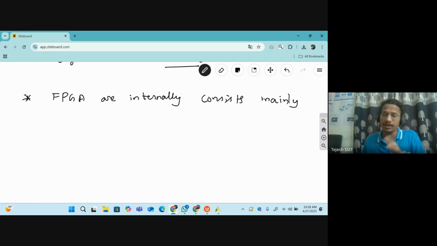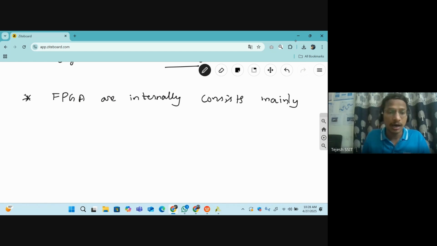Like in our human body there are many organs, but the main ones are the heart, brain, liver or stomach, lungs, whatever it may be. We are discussing the major three. Similarly, in an FPGA there are many internal blocks, but here we are discussing only the major three.